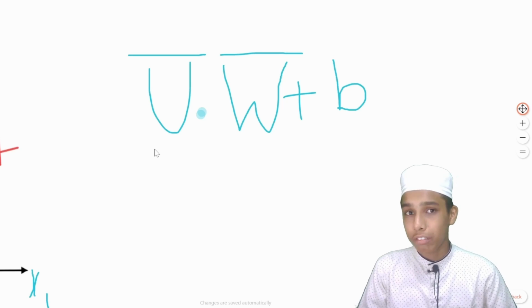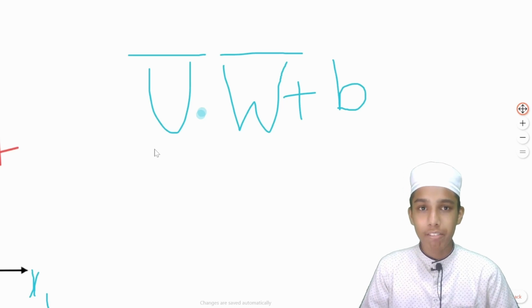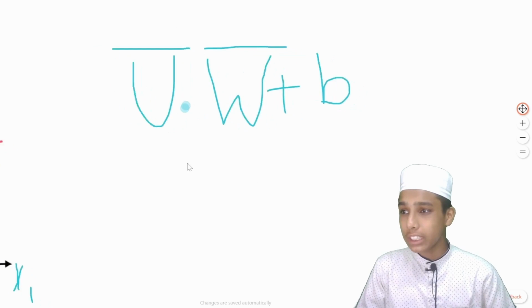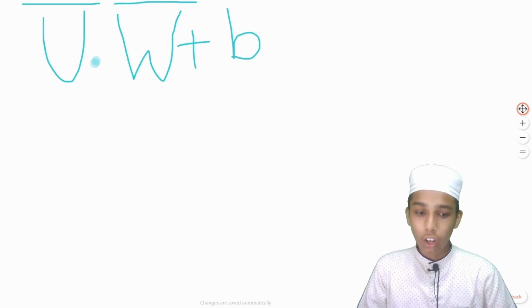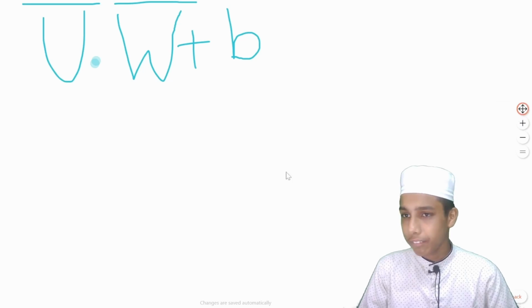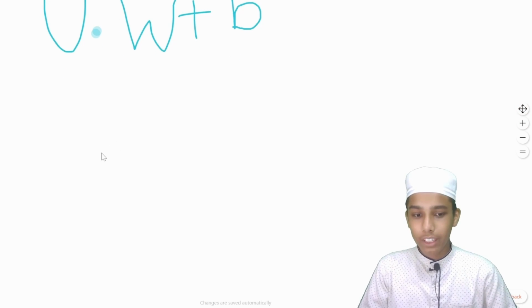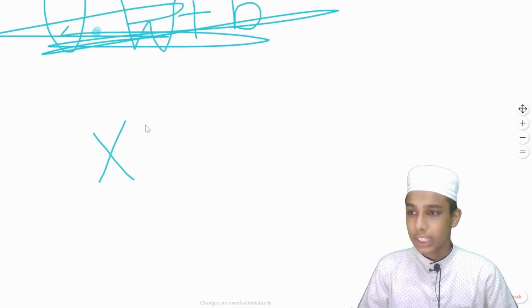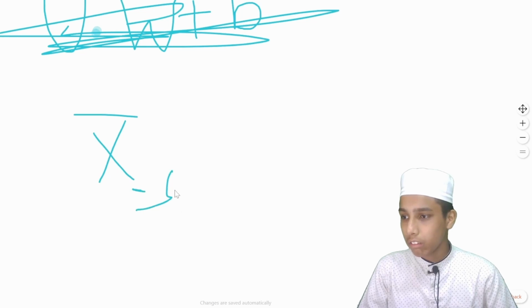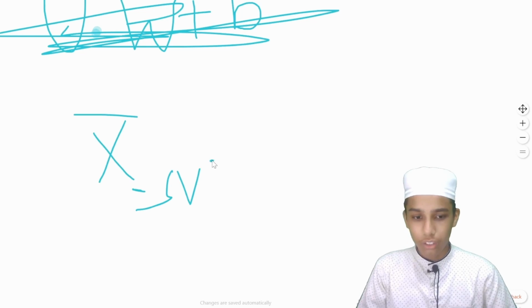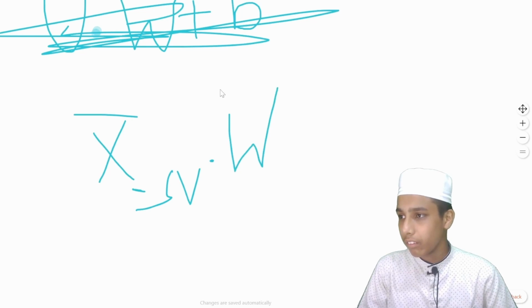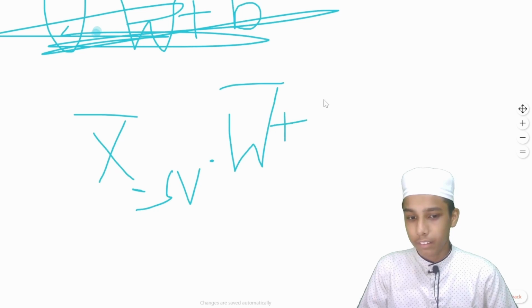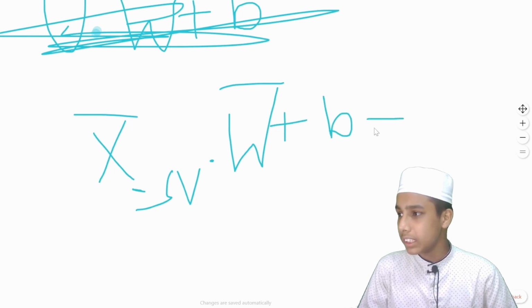Now guys, what's the value of w and b? For solving this, I'm going to write x, with that x minus support vector, with the dot, then we have the w plus b, if it is equal to, okay.